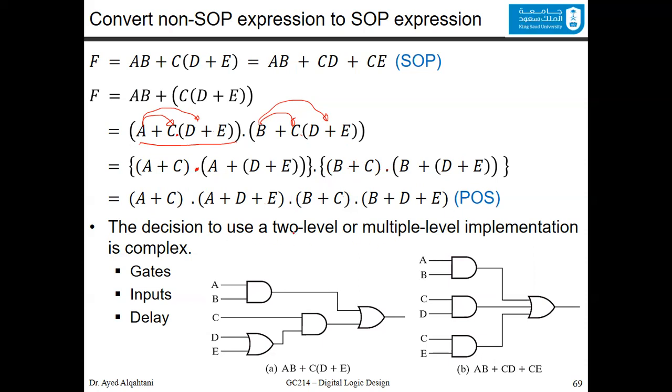The decision to use a two-level or multiple-level implementation is actually complex. You can see here, for example, should we design this or this one? If you design this one, it will be like this. It's two-level, and then you OR them together. If you use this one, it will be like this.